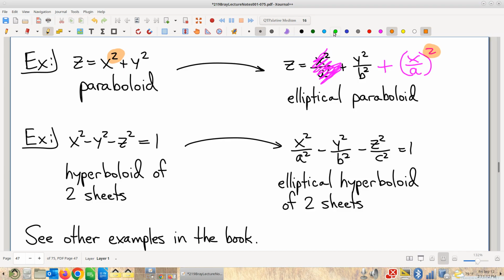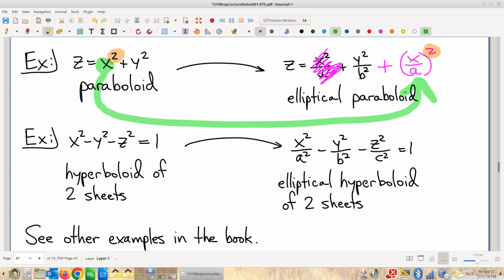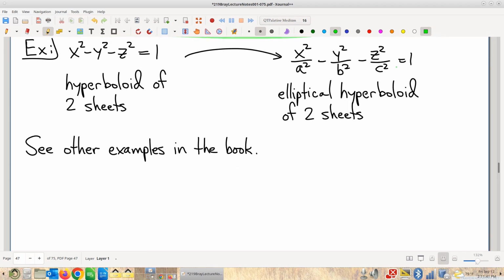So the substitution here is that x gets replaced with x over a. Everybody happy with that? Real easy to mess that up. Think it through, right? Be careful. Otherwise your stretching factor is going to be wrong. Okay, likewise this example down here, again, other examples in the book.